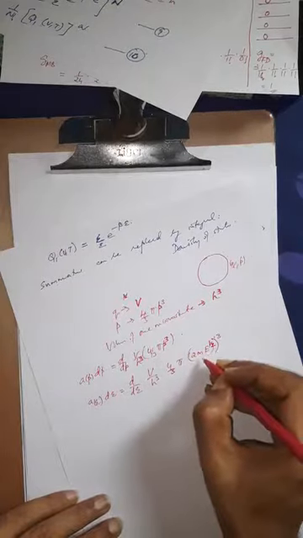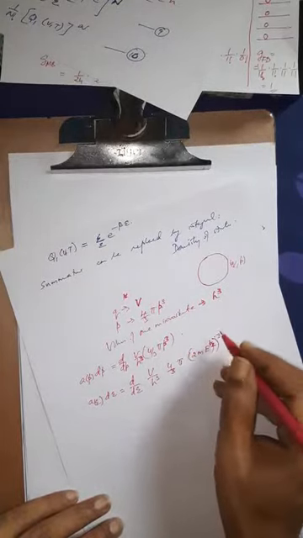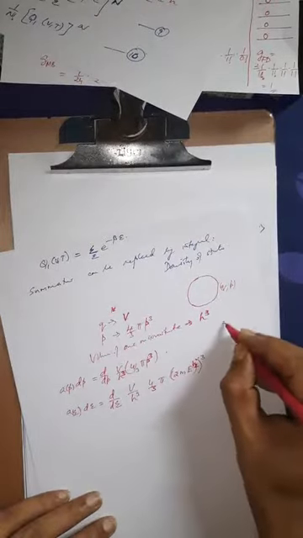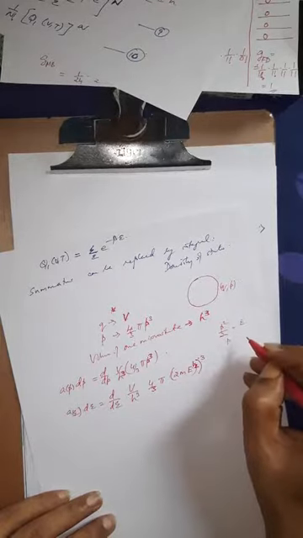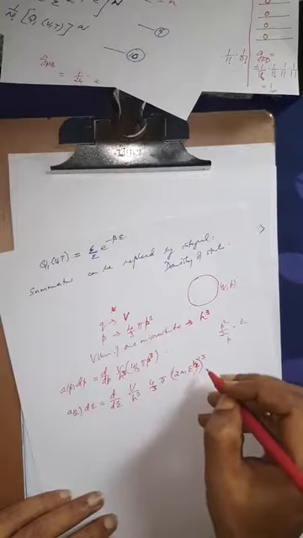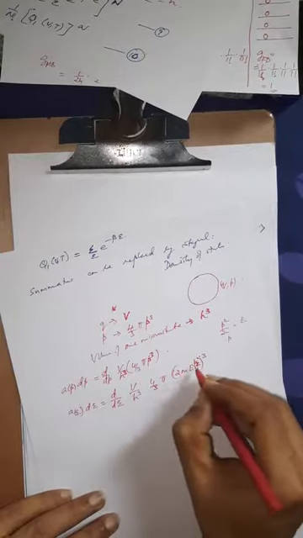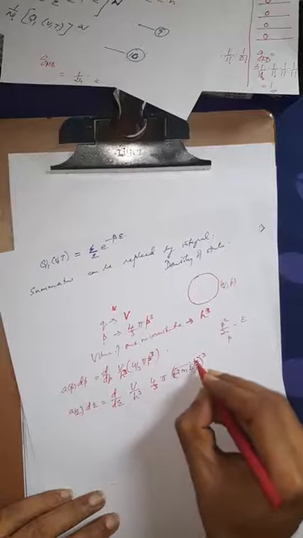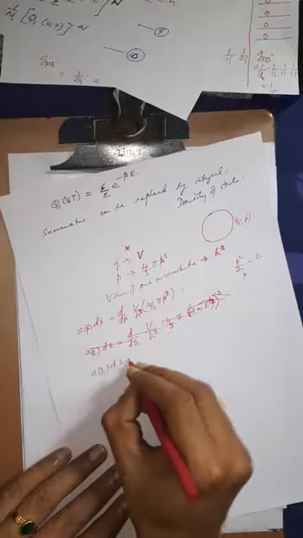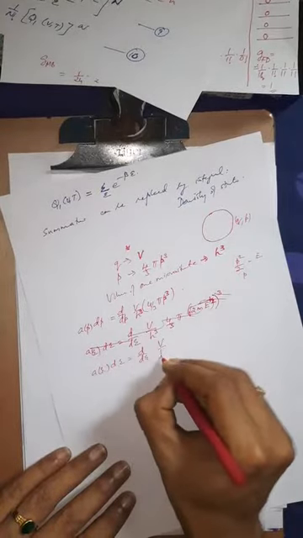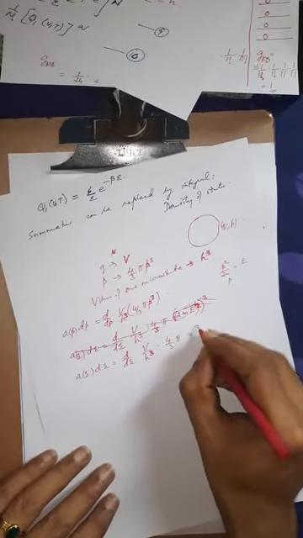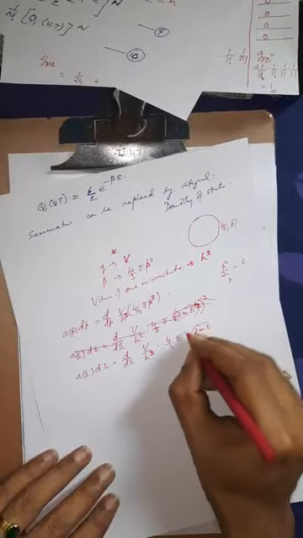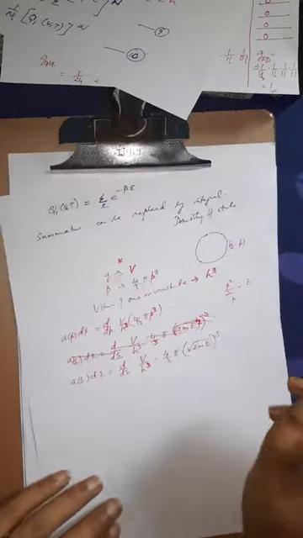P is root of 2mE, right? P squared by 2m is equal to E. So therefore, sorry, I made a mistake. A(E) dE is equal to d by dE of V by h cube into 4 by 3 pi root of 2mE raised to cube. So that's it.